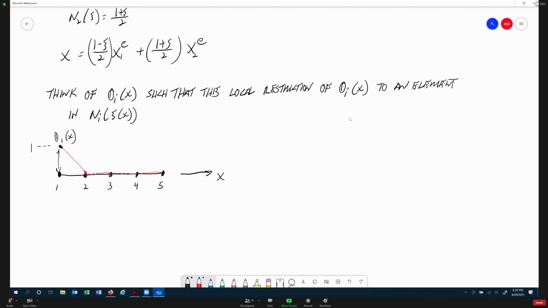And then let's say for phi2, we have something that looks like it's going to go from 0 to 1. So this is phi2 of x is 1. And then it's going to drop back to 0 and it's going to stay 0.